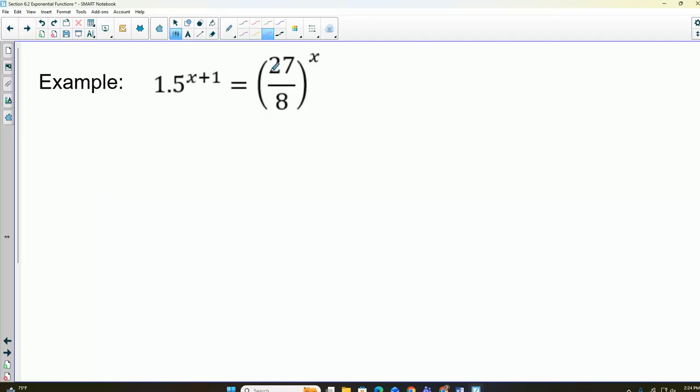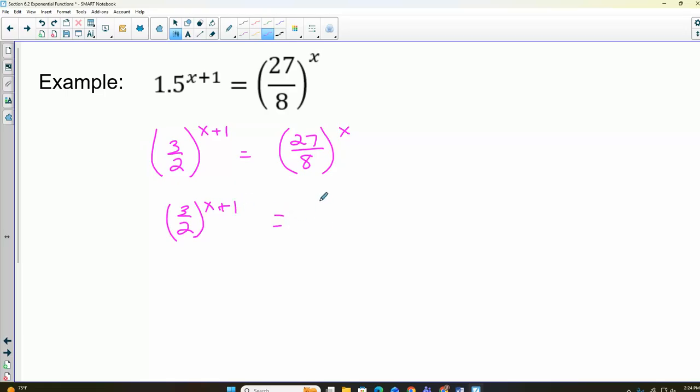All right, if I'm going to get a common base, I probably don't want a decimal. What could I change 1.5 to? So 3/2, I can't break that down. Okay, 27 over 8.